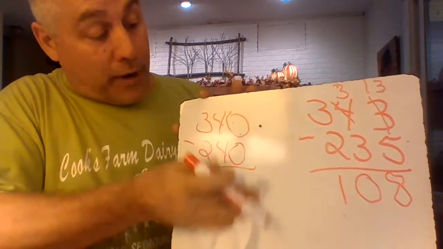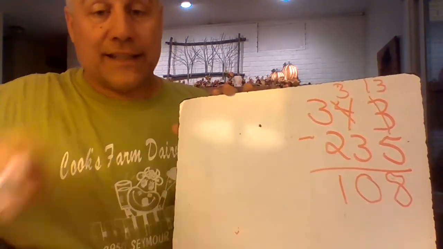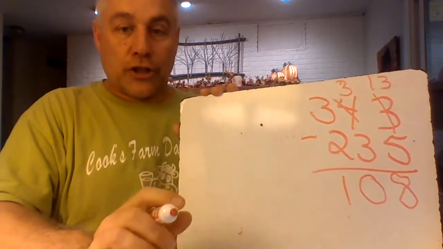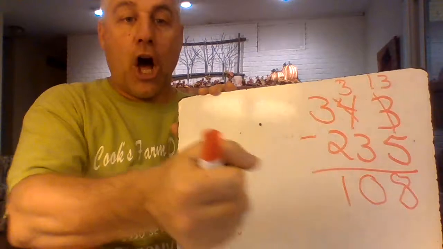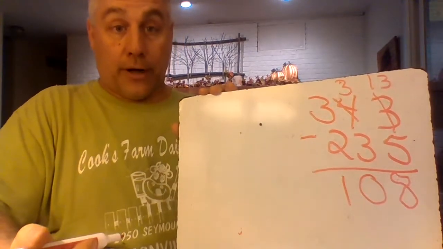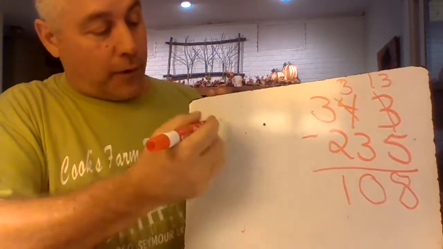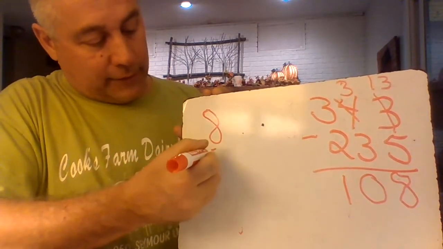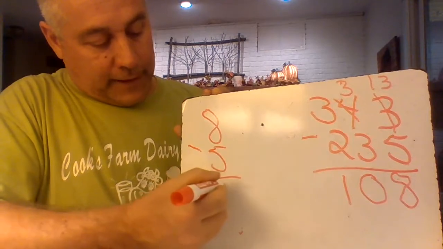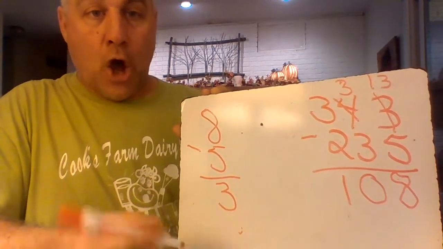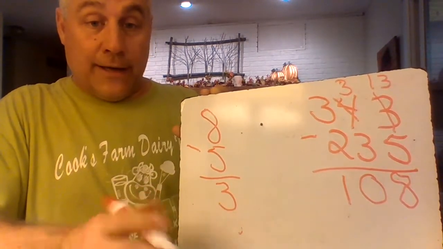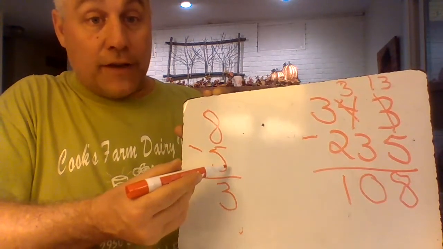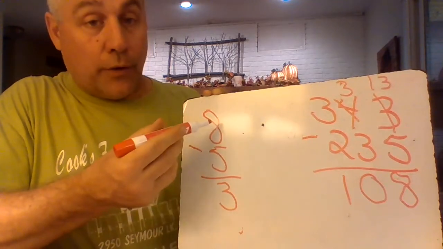Now, an even better way to do it is this, and this is the inverse operation. Inverse just means the operation that's going to undo the other operation. And we've talked about this before, because we've said that if I have 8 minus 5, and I think it equals 3, all I have to do to check that is to add this number and this number, and it should equal this one.